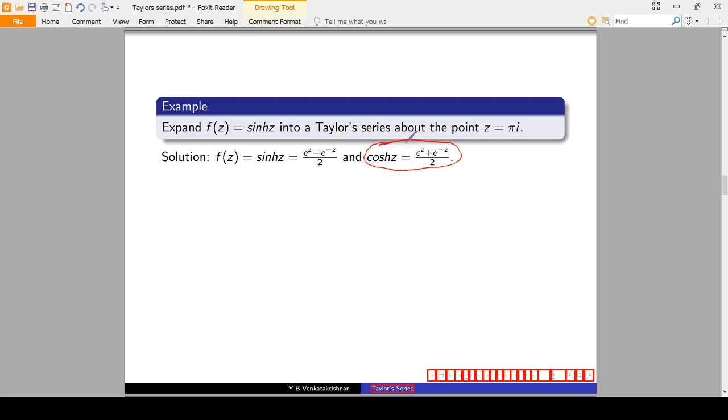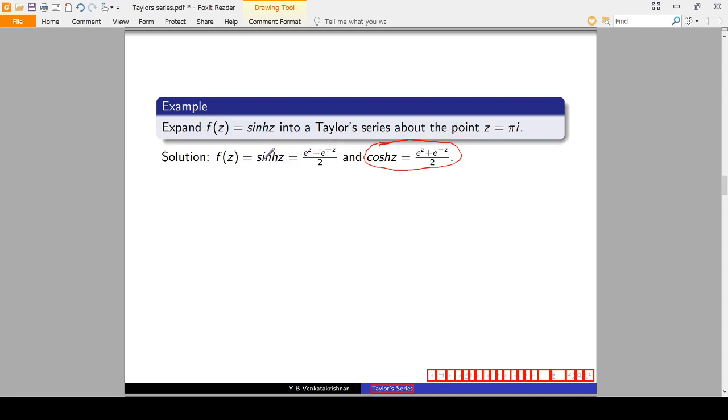So I will write the value of cos hz in terms of exponential function as e power z plus e power minus z by 2. Because when I differentiate sin hz, I will have cos hz. When you differentiate e power z, you will have e power z. When you differentiate e power minus z, you will have minus e power minus z. Already you have a minus, so minus into minus will become plus.